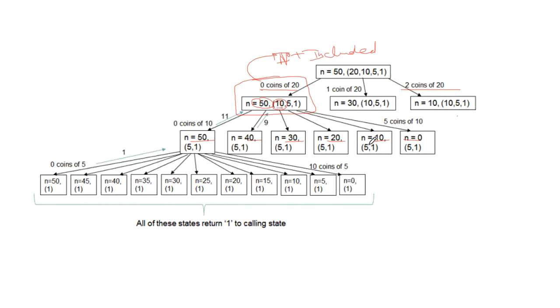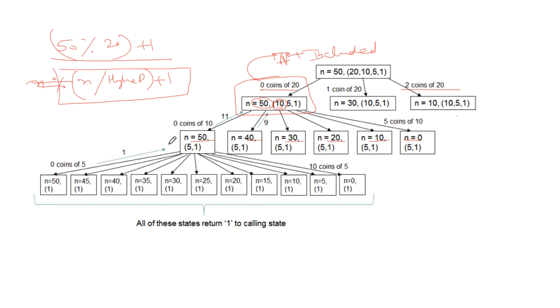One thing we should add here is that the modulus is not what we use, it is the quotient, not the remainder. N divided by the highest denomination plus 1 will be the number of children of any particular node. At any particular node you are given n as well.